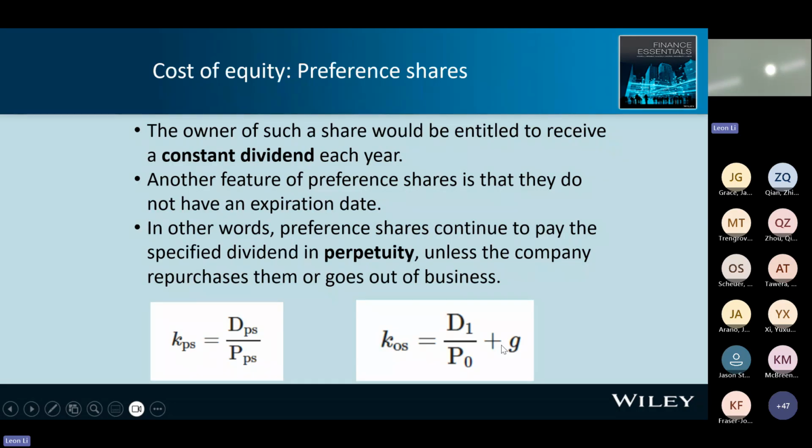So if G is 0, you can see we have the result, KPS, cost of preference share. For me, this is my way to remember. So I consider a special case. G is 0. Constant dividend or dividend growth rate is 0. Then I have the result for preference share. All right.